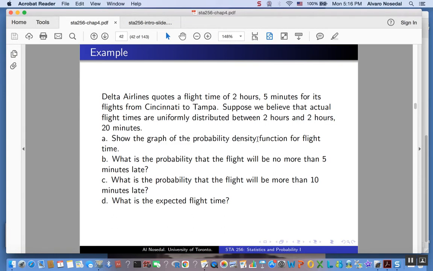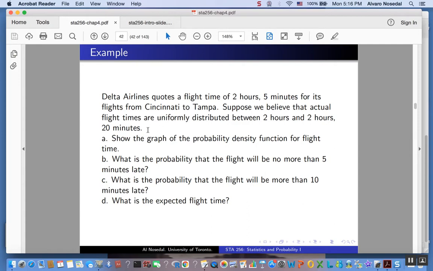Okay, so first they tell us for this example that they want us to show the graph of the PDF, the probability density function. So let's read the problem carefully, and here they tell us that they are assuming that a good probabilistic mathematical model for the flight time from Cincy to Tampa is a continuous uniform random variable that goes from 2 hours to 2 hours and 20 minutes.